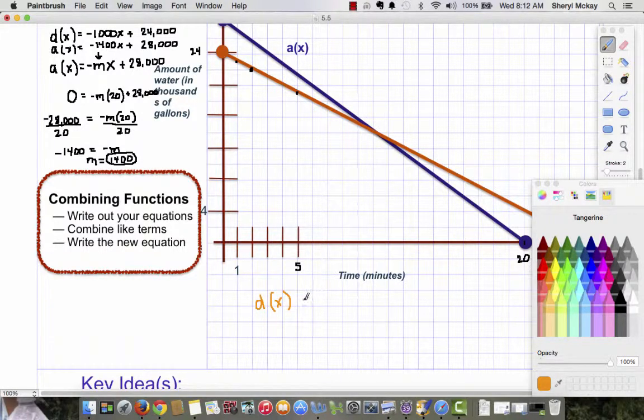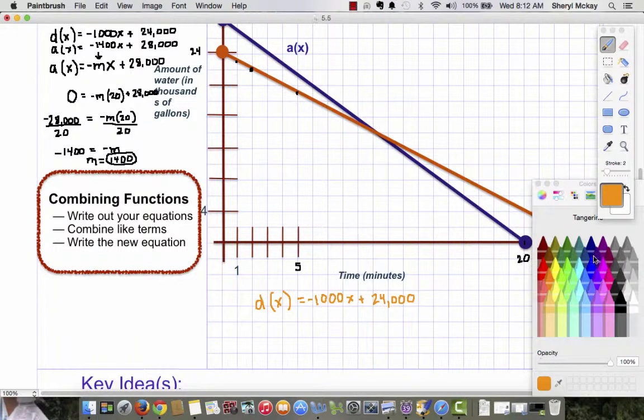And we now have d of x equals negative 1,000 x plus, no, it's 24,000. Not 28,000, 24,000.